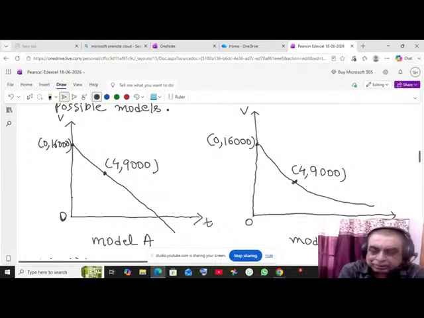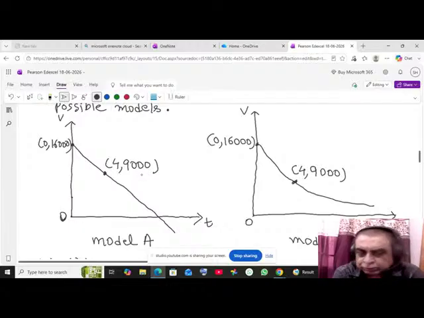The x coordinate we write first. The x coordinate will be the time, and the y coordinate will be the amount of oil taken out per day. So 4 is the x coordinate, 9,000 is the y coordinate.